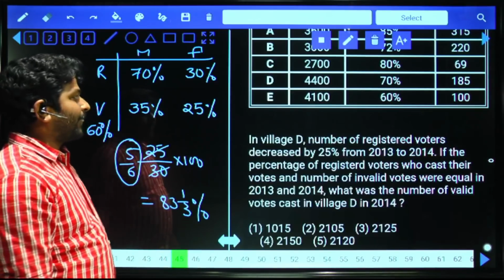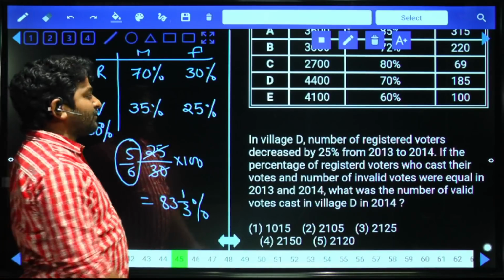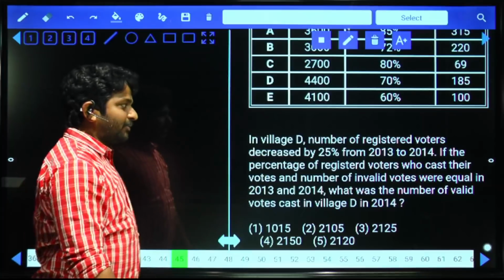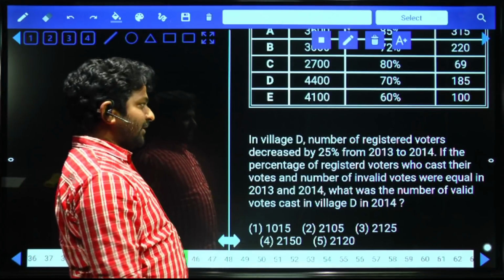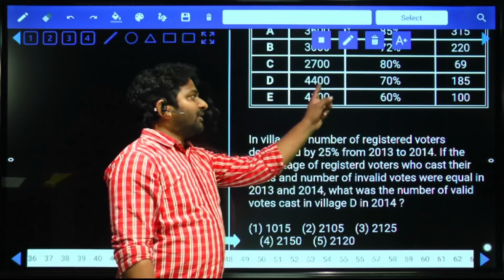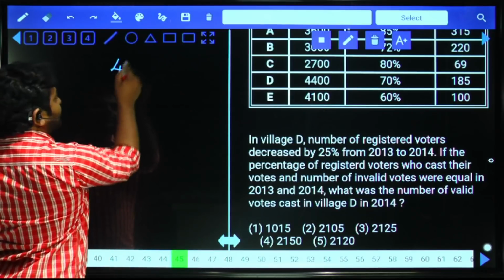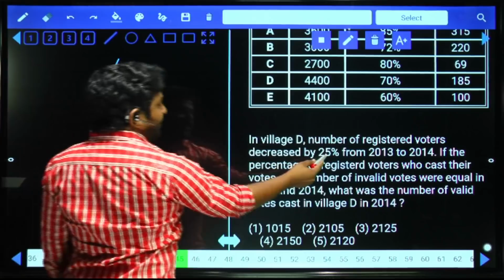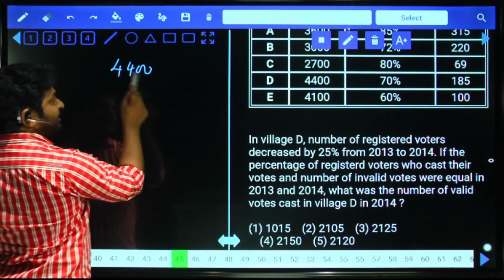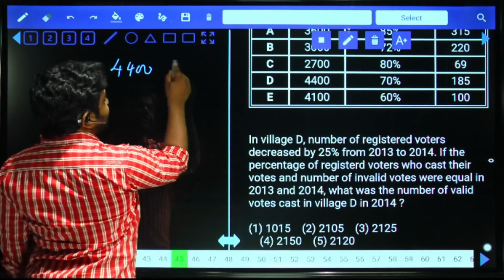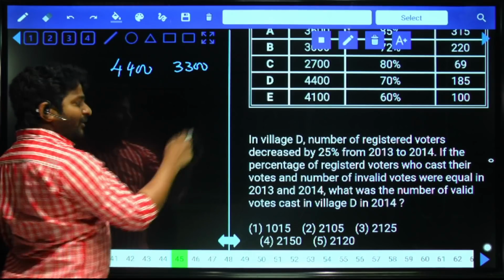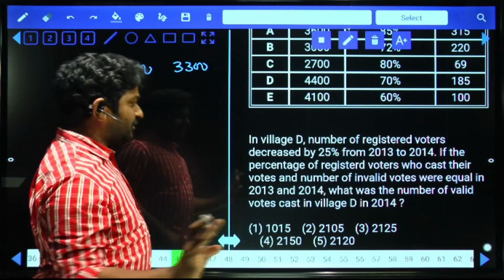Next. In village D, the number of registered voters decreased by 25% from 2013 to 2014. Initially we have 4,400. Now 25% in the sense 1/4. 1/4 is 1100, a decrease of 1100. So that becomes 3,300. Now there are 3,300 registered voters.